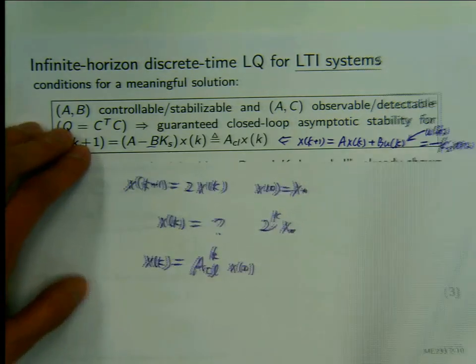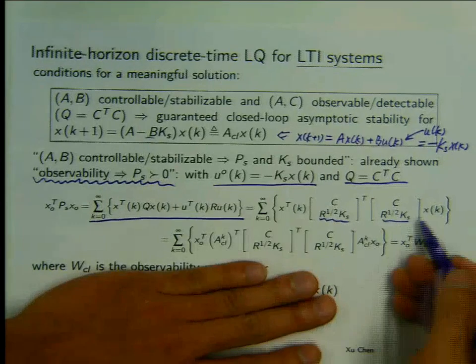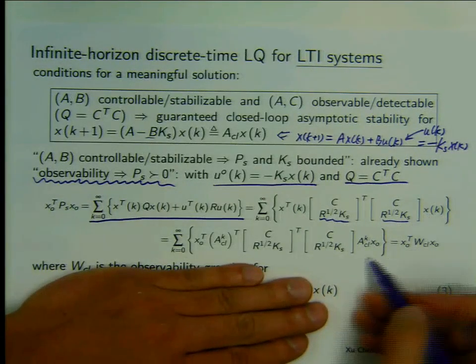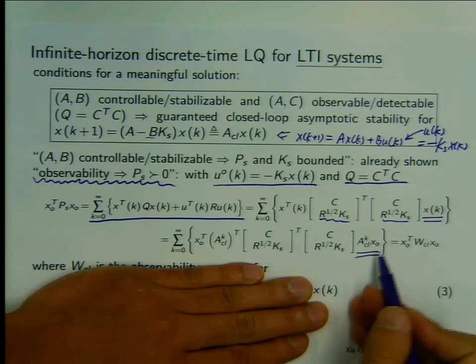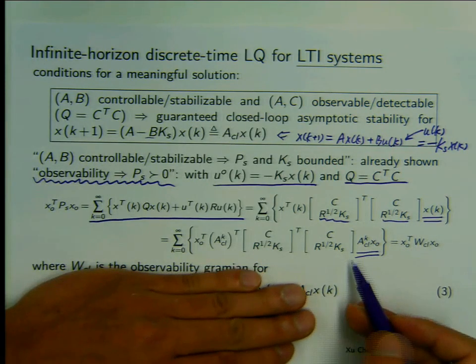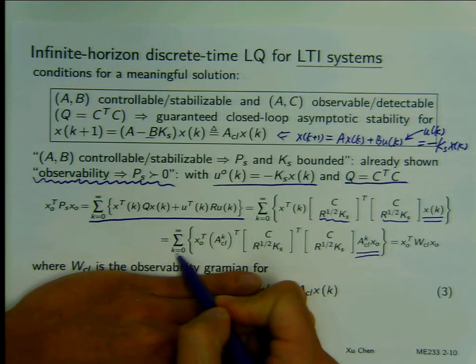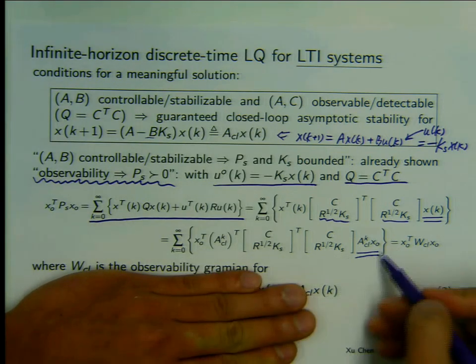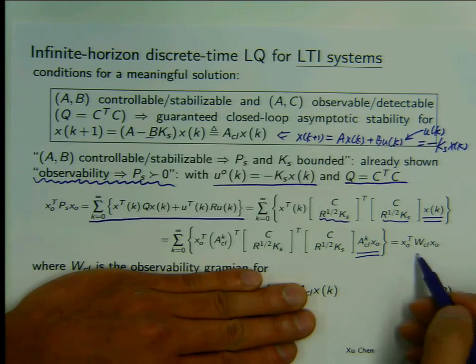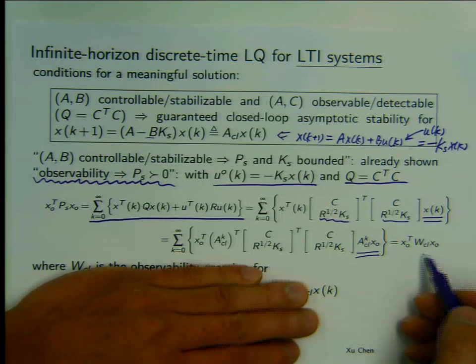Okay? So do this step. After you obtain this, substitute x of k as the solution here. Then you get this. Now, the summation is over k, so it doesn't depend on x of 0. I can take this one out, and I can take this one out. So I'm going to get this. Okay?